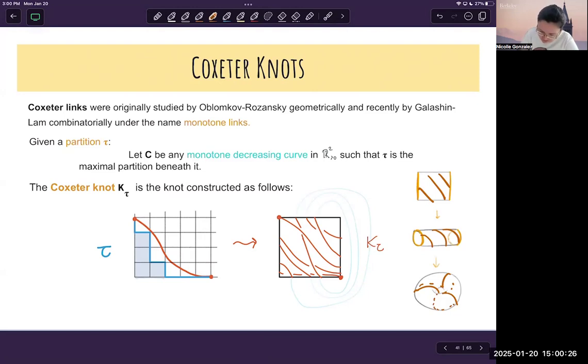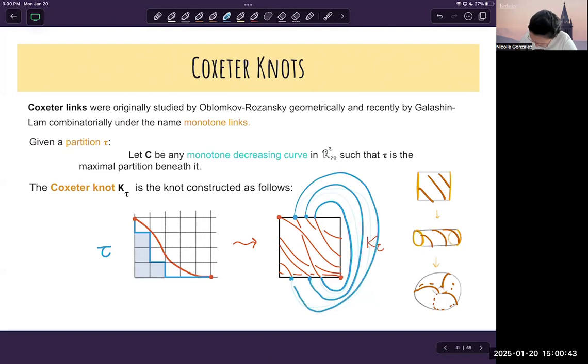Another way of identifying this, you can see kind of in the blue strands that I've drawn, but let me draw them again, is you can imagine that I'm just going to identify these endpoints. For the sake of keeping the picture clean, I won't do all of them. So you can identify these guys.